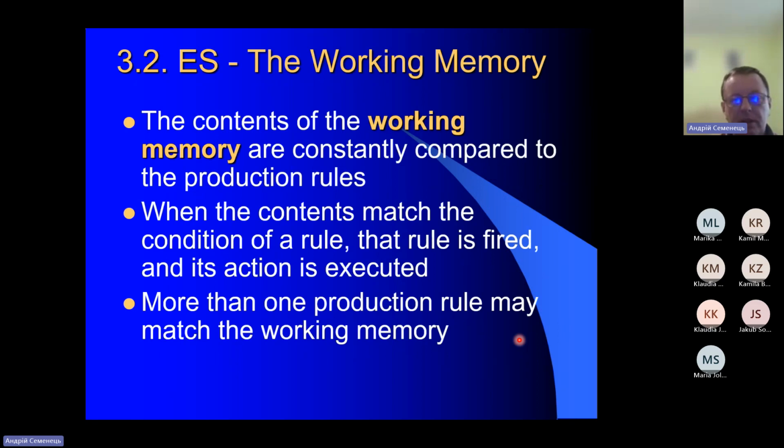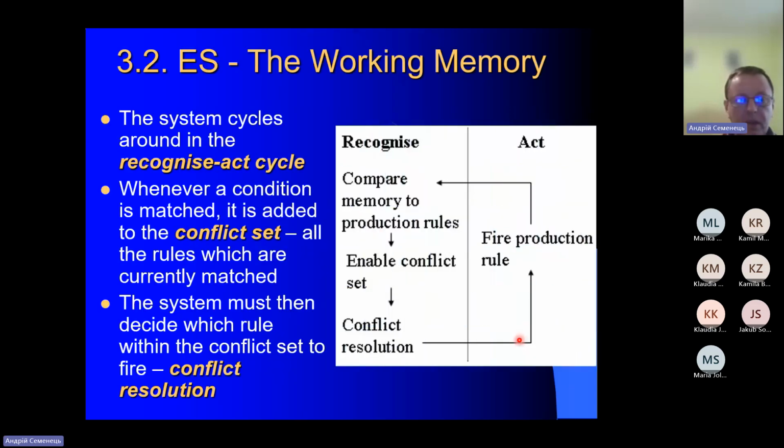The content of working memory is constantly compared to production rules, and actually the content of working memory represents the current clinical case under investigation. When the contents match the condition of a rule, the rule is fired and the action executed. So here we have a significant loop, the recognize-act cycle. Whenever a condition is matched, the rule is added to the conflict set, and then the conflict has to be resolved.